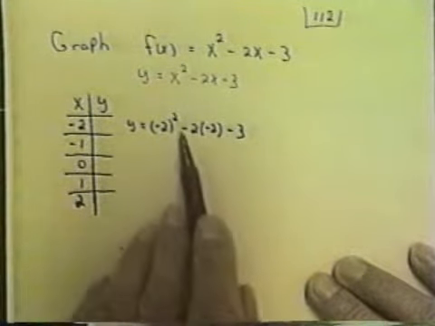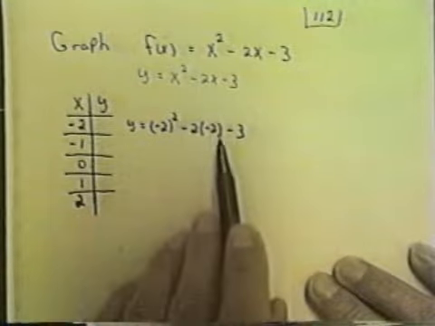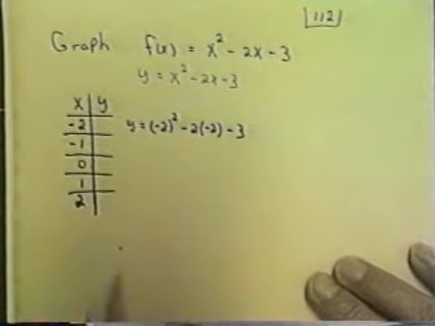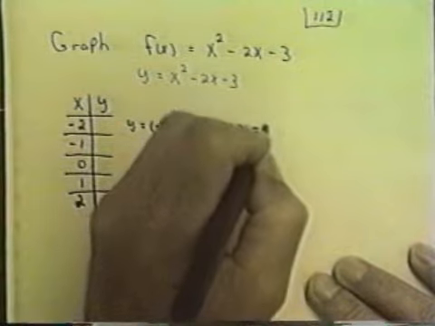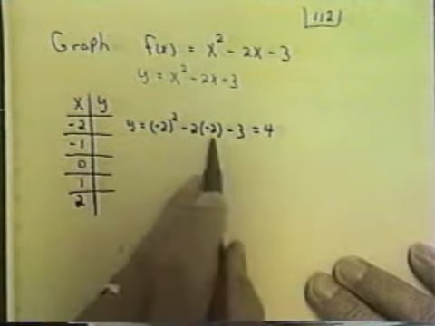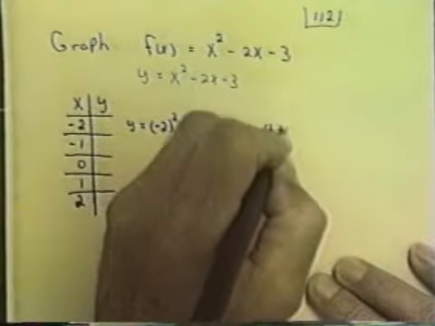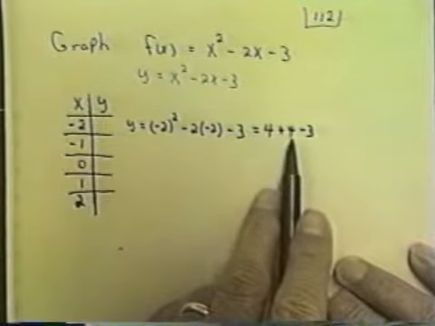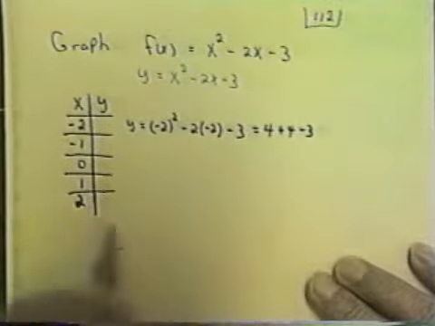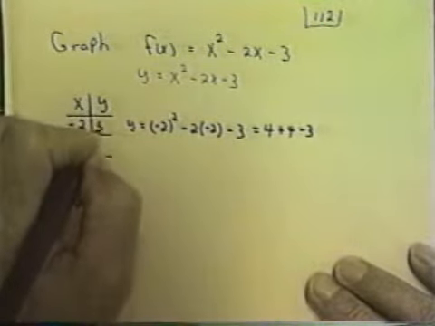I have -2 squared. Subtract 2 times, I'm replacing x by -2, subtract 3. Evaluating, a -2 squared is 4. A -2 times a -2 is a positive 4 minus 3. 4 plus 4 is 8. 8 minus 3 is 5.